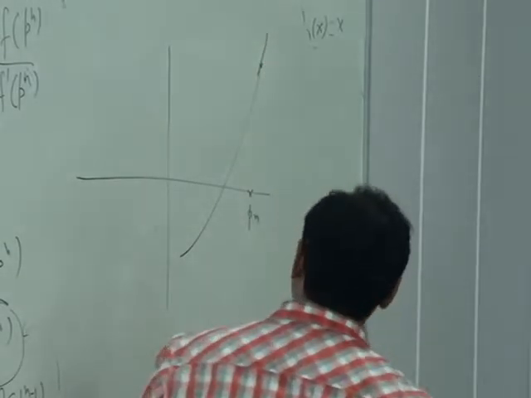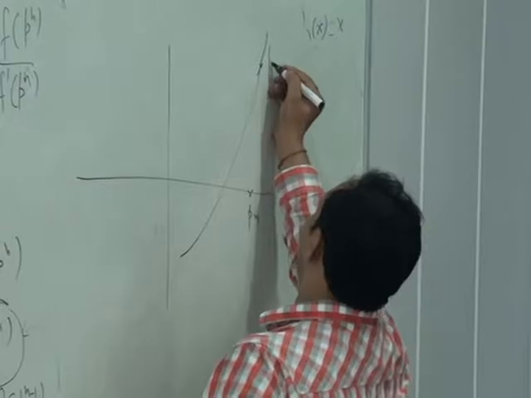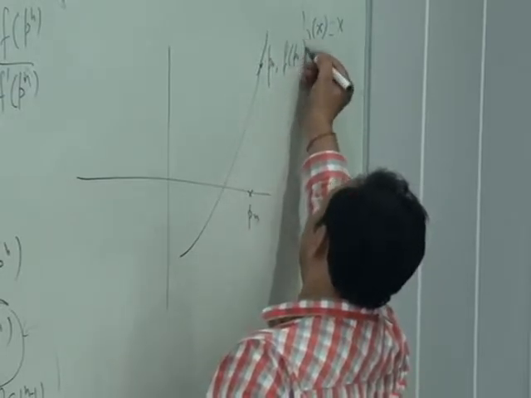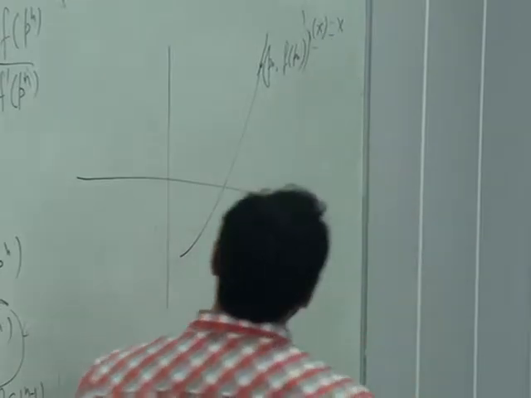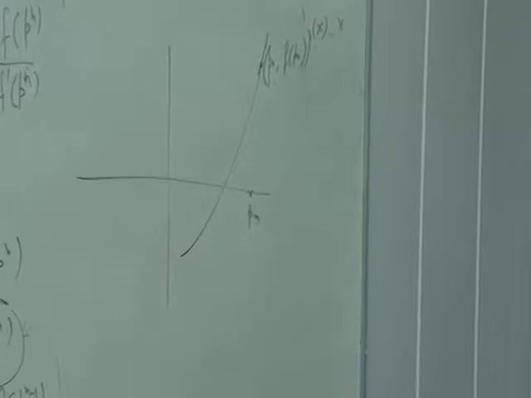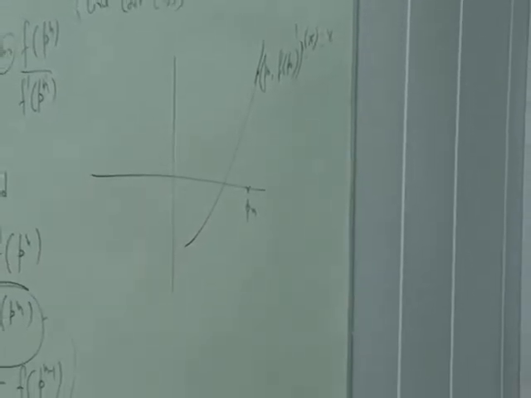This point is on this curve. Can you write the equation of the tangent at this point? Then only I will do it. Write the equation of the tangent at this point.